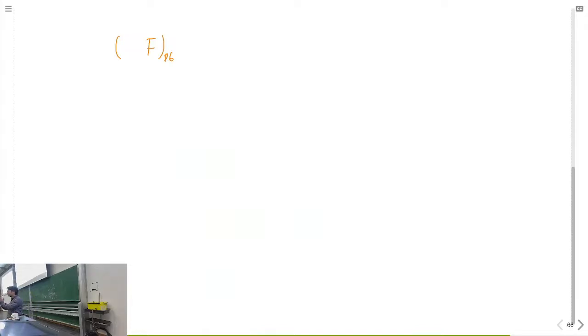F, 1, 1, 1, 1. Als Negativzahl, was ist das? 4 Bit. Zweierkomplementdarstellung. 1, 1, 1, 1. 4 Bits. Als ganze Zahl ist das minus 1. Ja? Okay, noch einmal. Und was ist FF?